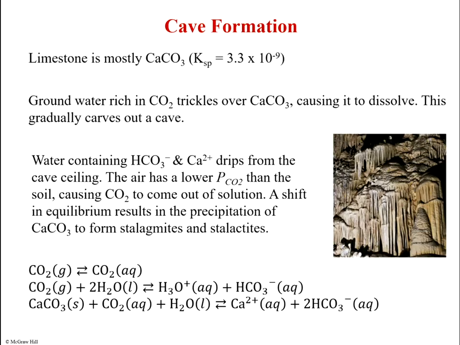Calcium carbonate can react with the acid to form calcium and bicarbonate, but then when the carbon dioxide is removed and goes back into the atmosphere, we can send our bottom reaction back towards the reactants to reform more calcium carbonate. So the formation of caves and the corresponding structures inside those caves are driven by acid-base chemistry and precipitation chemistry. And this is very well understood geochemistry now.